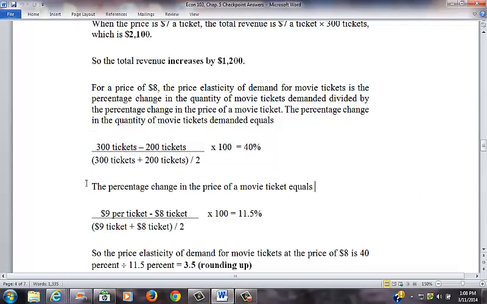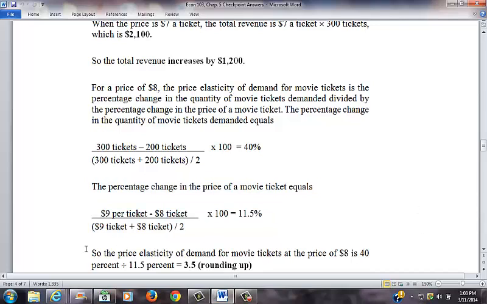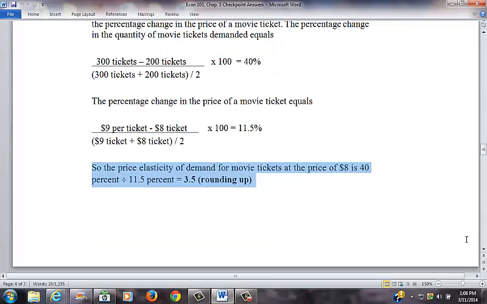And then the percentage change in the price of a movie ticket should come up with 11.5%. So the price elasticity of demand for movie tickets at the price of $8 is 40% divided by 11.5%, which should give you 3.5. And it's actually 3.478, so rounding up gives you 3.5.